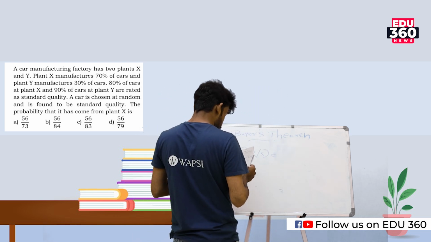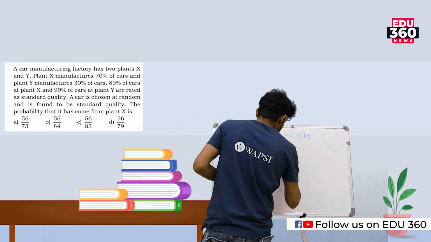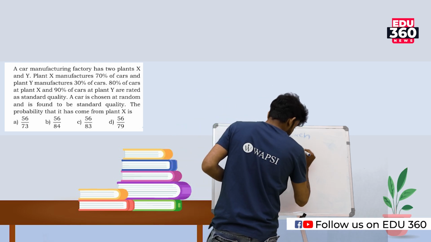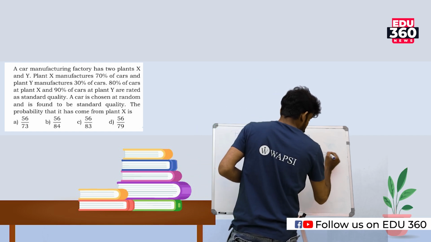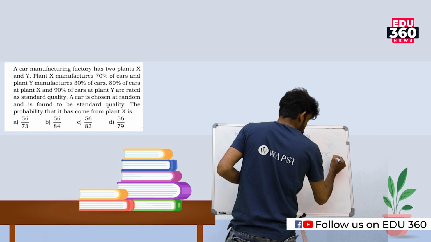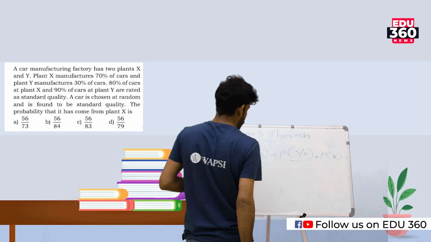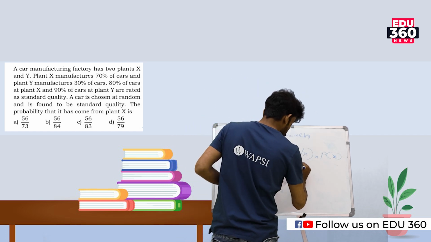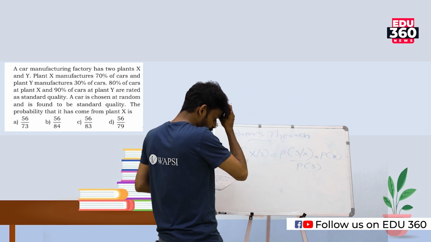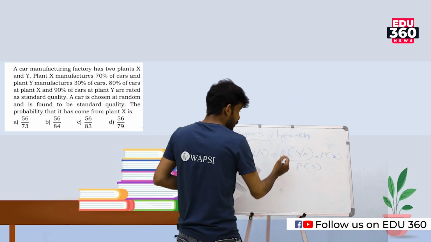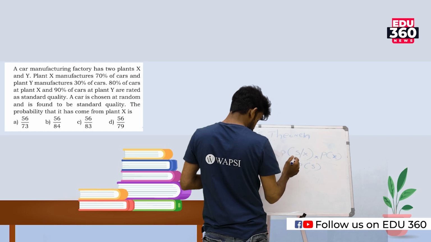That is P of X by S is equal to P of S by X into P of X, divided by P of S. The value of P of S by X is 80 by 100.